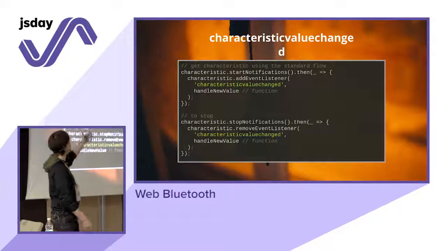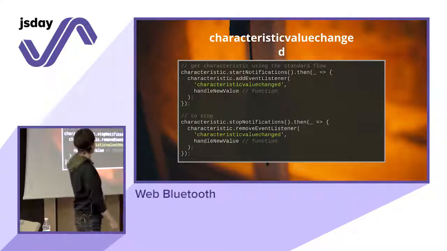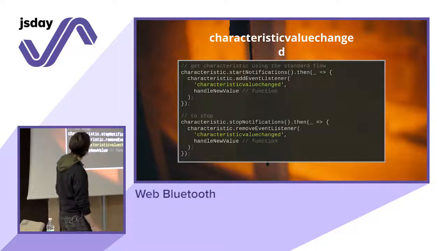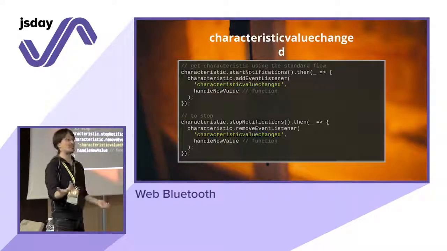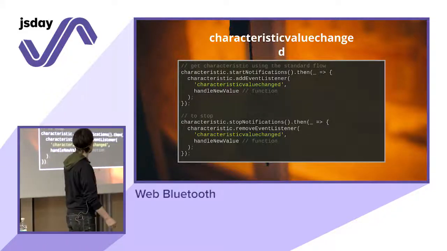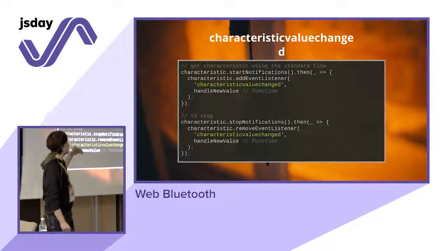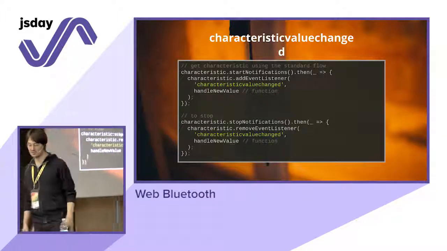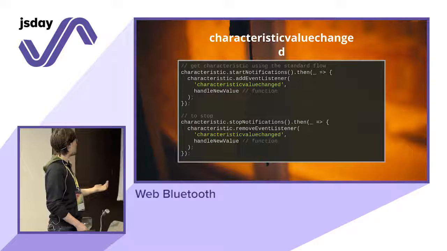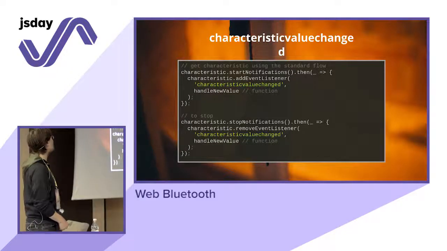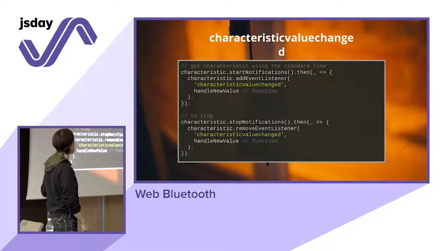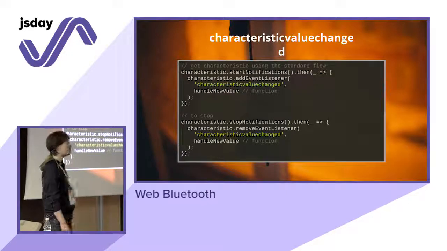So you can listen to a specific event on it, which is called characteristicvaluechanged. This works like an ordinary event handler, so the function is called every time you get a new value from that specific characteristic. If you want to stop this process, you can use the stopNotifications function, and then you can remove the event listener.